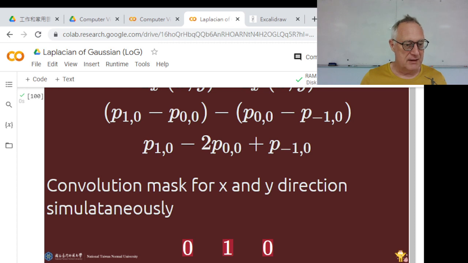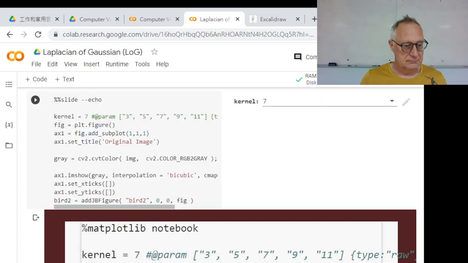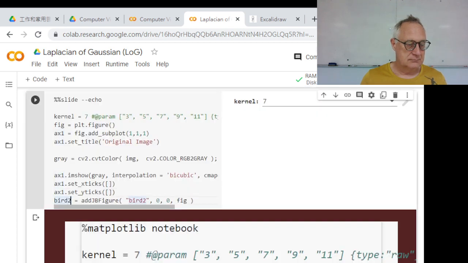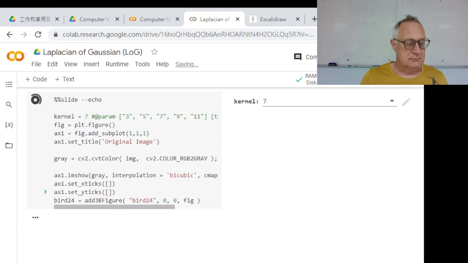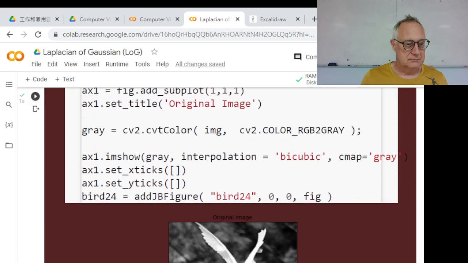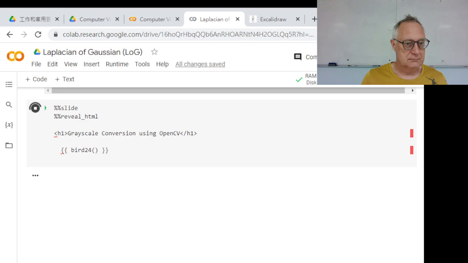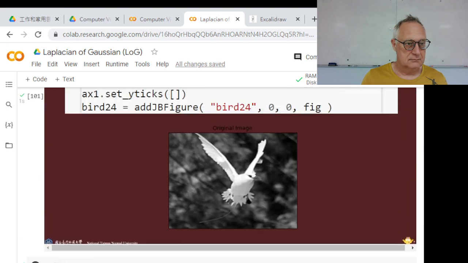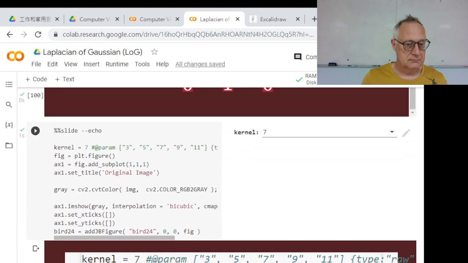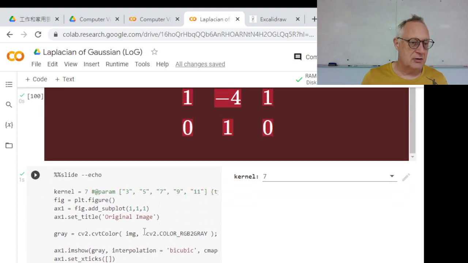So here we can implement that. We have an original image converted to grayscale, not converted to color.